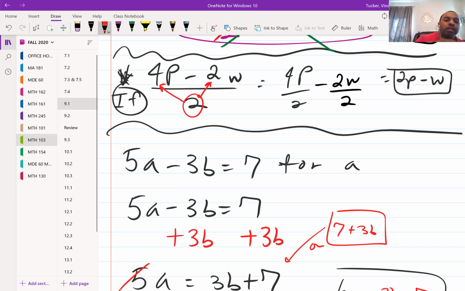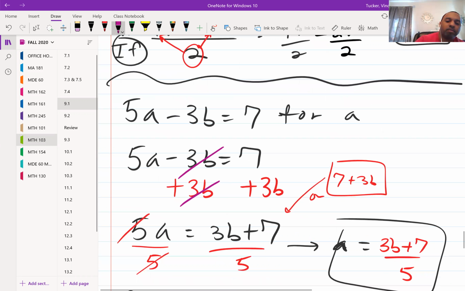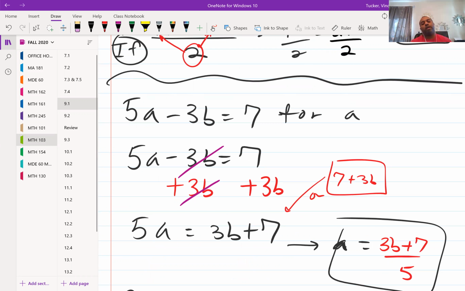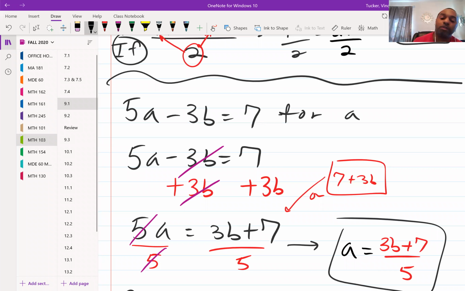Your goal is to get a by itself. That'll leave you with 5a equal to 3b plus 7. Divide both sides by 5. And a is equal to 3b plus 7, over 5.